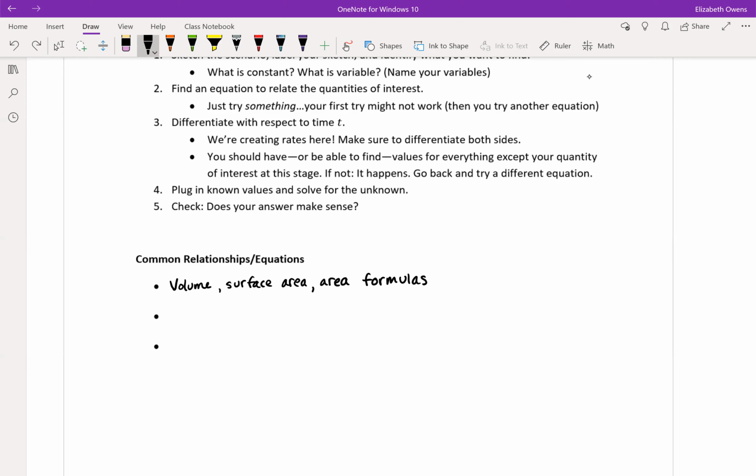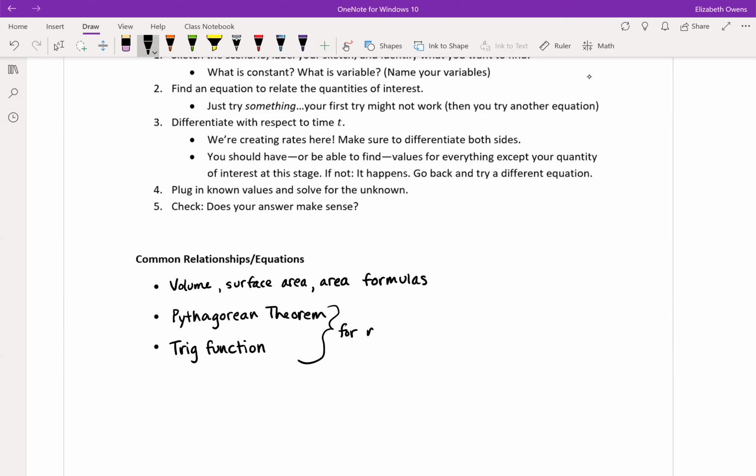Also, we do tend to encounter a fair number of triangles in these problems. So you might need to use your Pythagorean theorem. Okay. And you might also need to use your trig functions if it's a right triangle for these too.